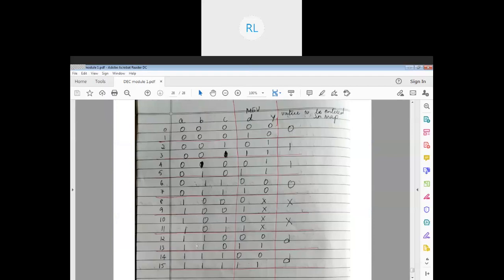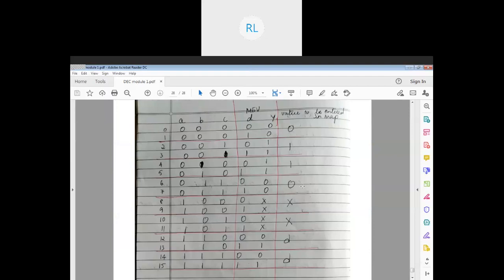Now let us see the first combination. I'm taking D as MEV, as I told you, 2 bits. I have segregated it and put it in red so that it becomes easy for you to understand. Now this is my MEV and this is my output. I have 0 0 here.